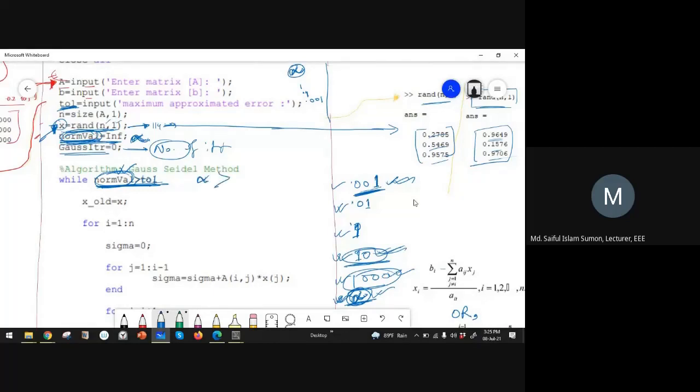I have taken infinity willingly, because the user may give 0.00000001 if he wants a very precise result. But if the user is careless and wants to complete very fast, he will give 0.1. And if a user doesn't know how the solutions are going to be, he may arbitrarily give 10 or 100.